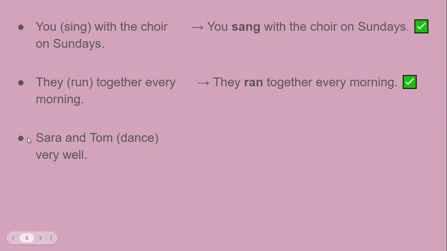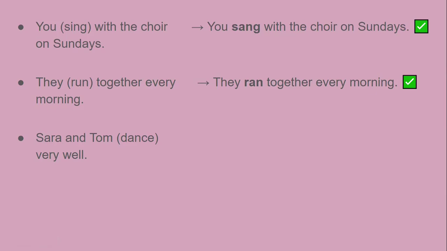Sarah and Tom dance very well. We've got a verb here, an actual real verb, which is regular. If you were to check on your two lists, you would realize that dance belongs under regular verbs.